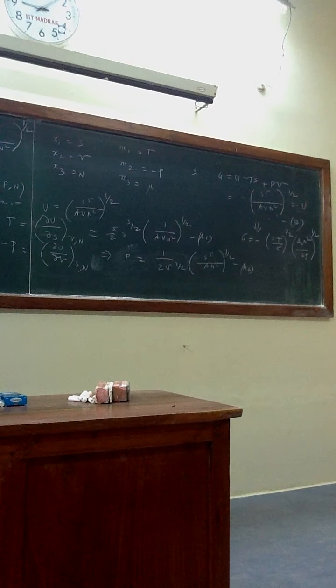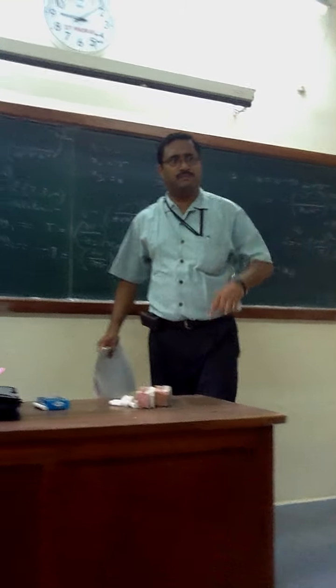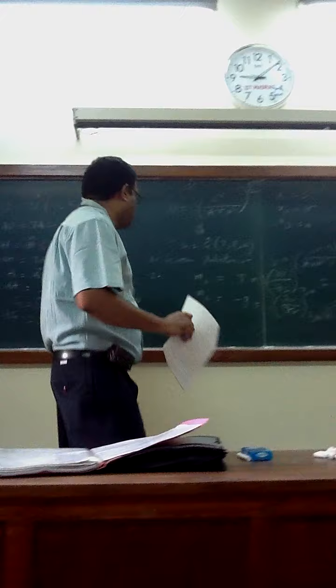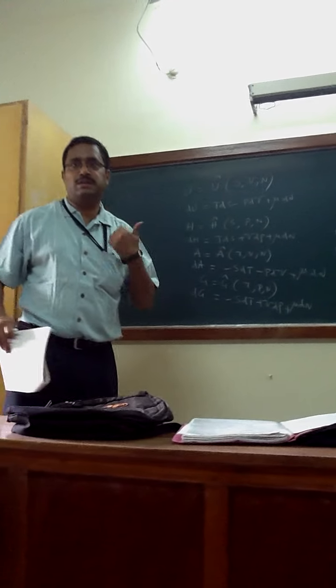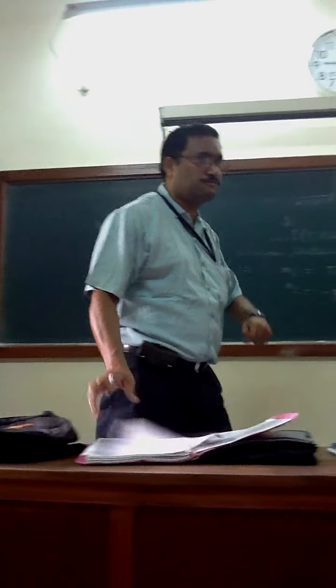That's it. And you can do the inverse Legendre transformation from here and you can get there. Did you get it? Okay, good. So if you get it, that means in the exam you are going to crack it. This is the toughest problem. The exam problem is easier than this.